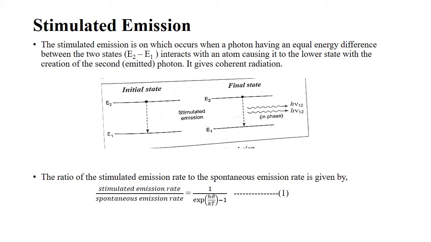Spontaneous emission results in photons with a random phase relationship, and an LED acts as an incoherent source.